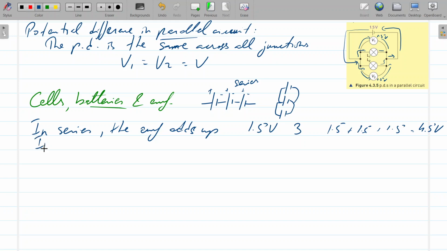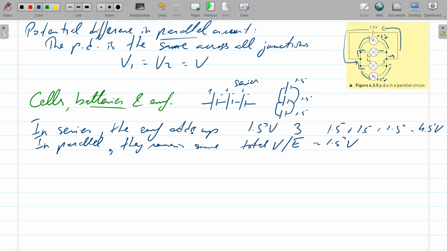But in parallel, they don't add up, they remain the same. So you've got 1.5 here, 1.5 here, 1.5 here. The total voltage or EMF is 1.5 volts.